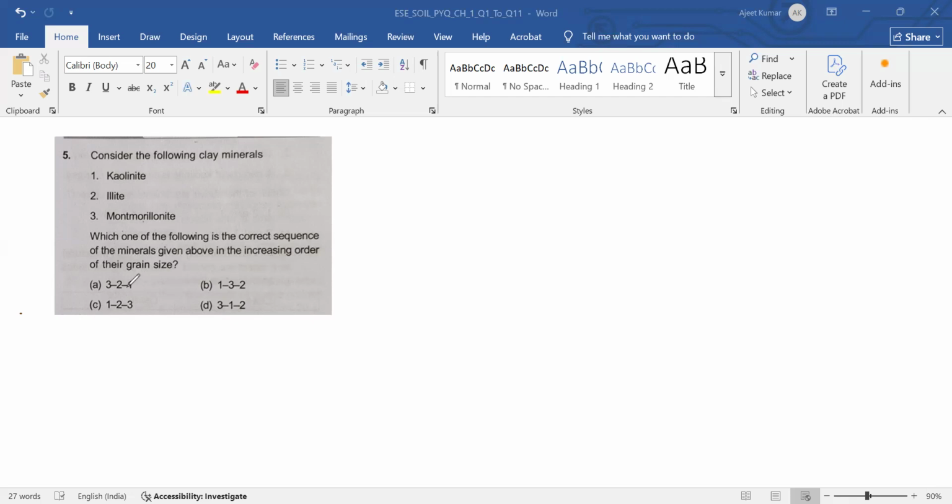The size of montmorillonite is least, illite is intermediate, and kaolinite has the largest size. So in increasing order, 3 to 1. A will be the answer.